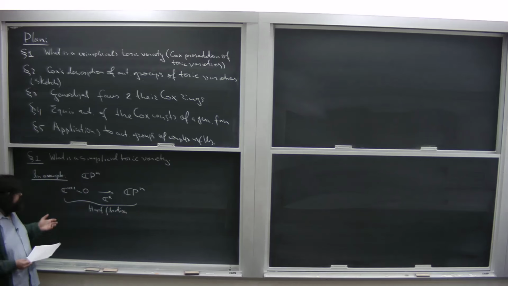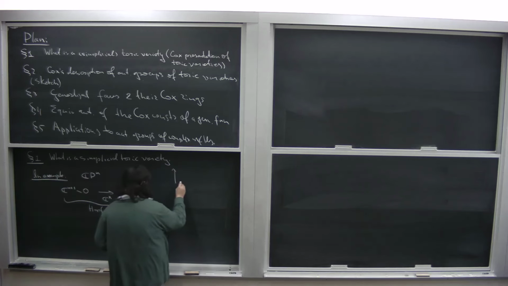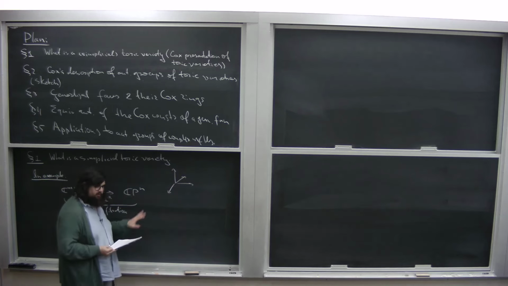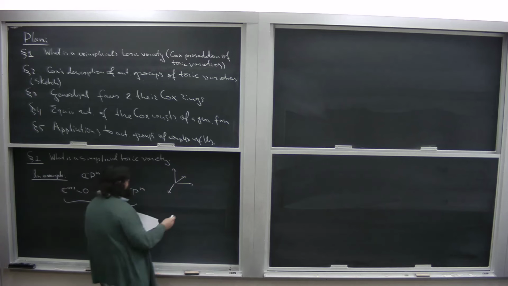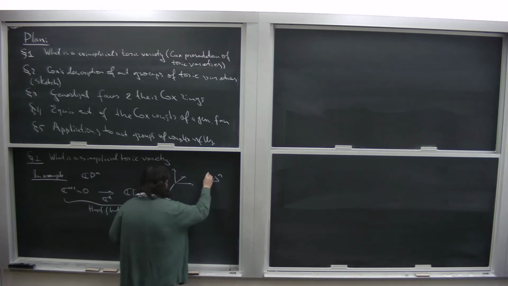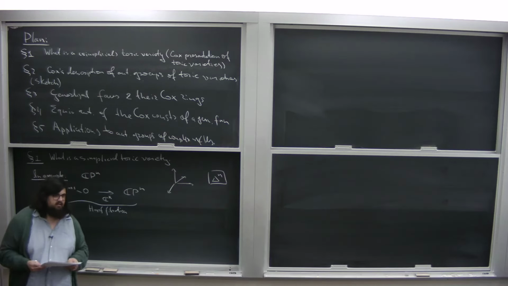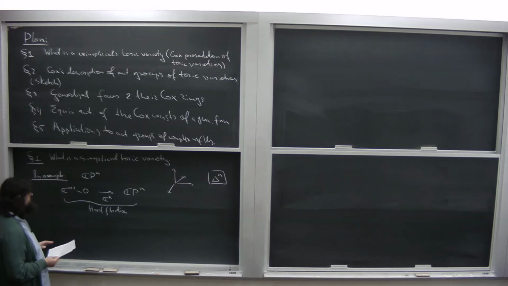And of course, well, not of course, but maybe you have seen a picture of the fan of CP^n. I'm not claiming that you should have seen it, but maybe you've seen it. And maybe you've also seen that this corresponds to the n-simplex. So in the next few minutes, I will try to explain why that is.